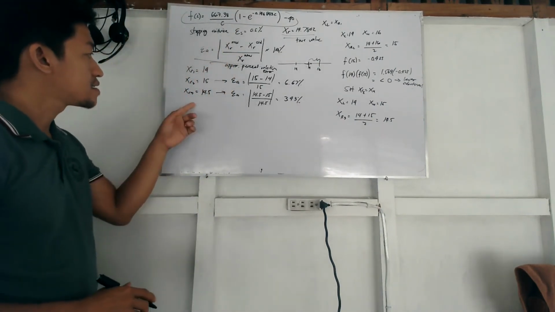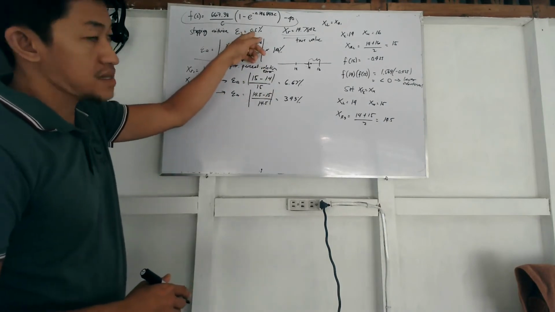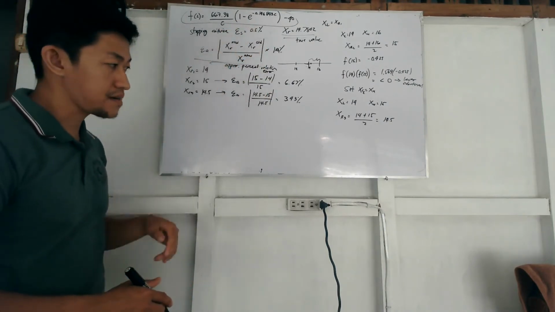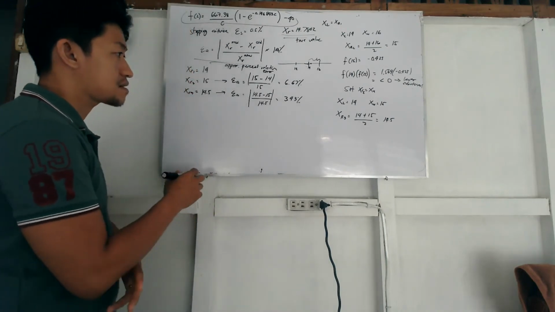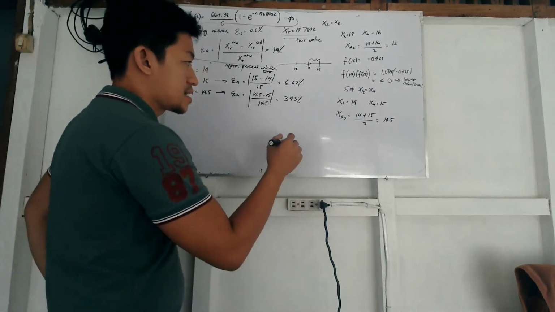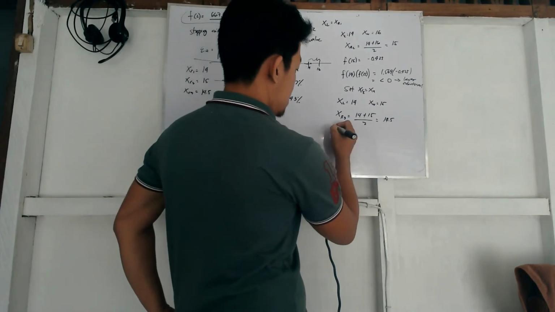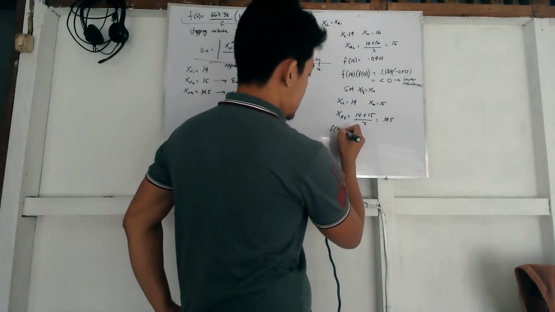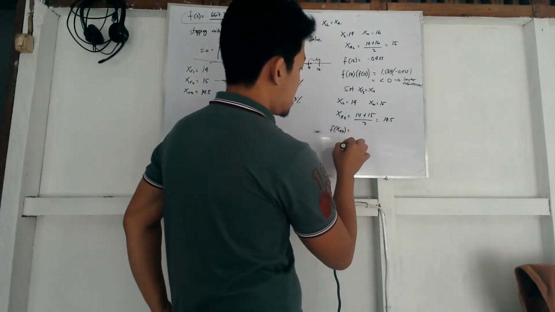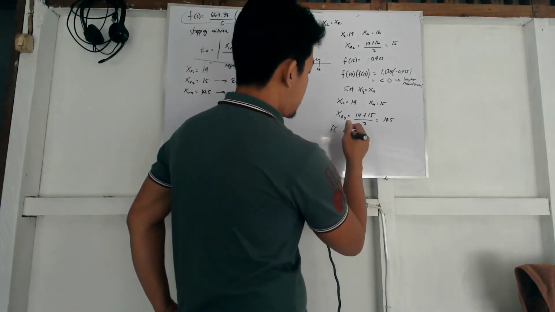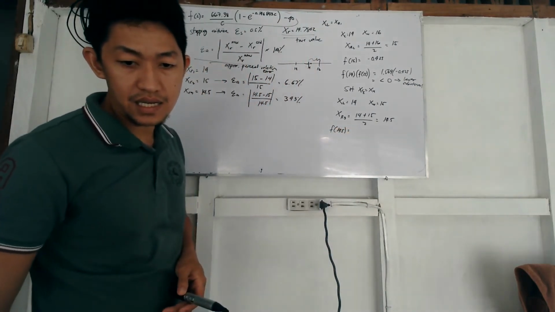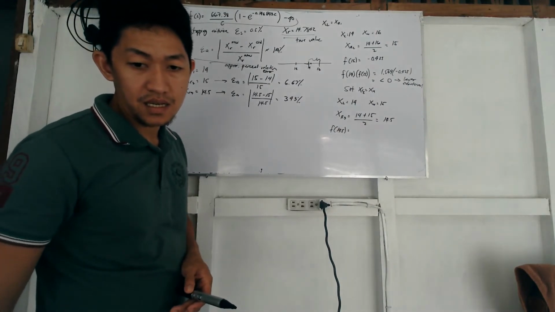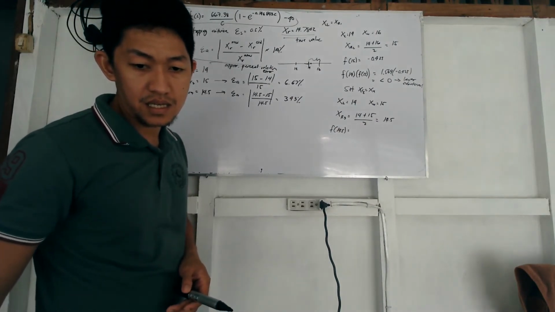Okay. So, ang atong stopping criterion is 0.5%. Padayon sa next iteration. So, get f of XR3, f of 14.5.